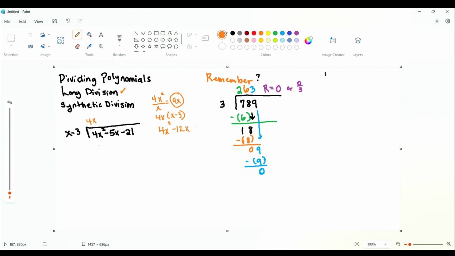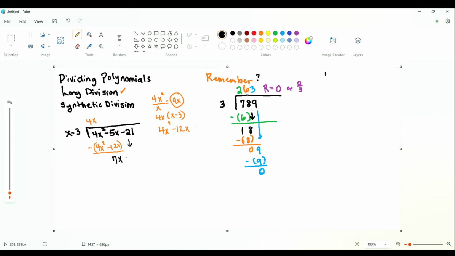I write that on the first line. Always put it in parentheses and subtract accordingly, paying attention to the signs. So the result is going to be negative 5x minus a negative 12x.